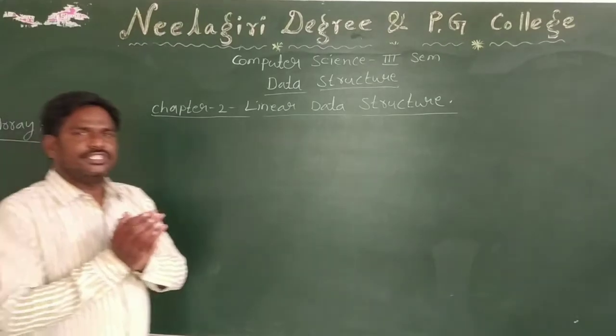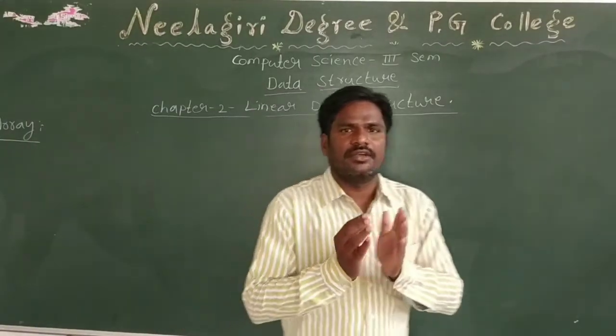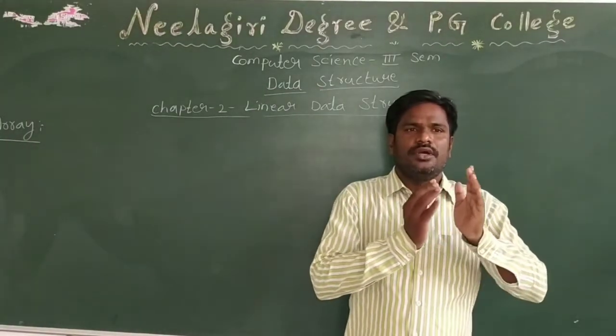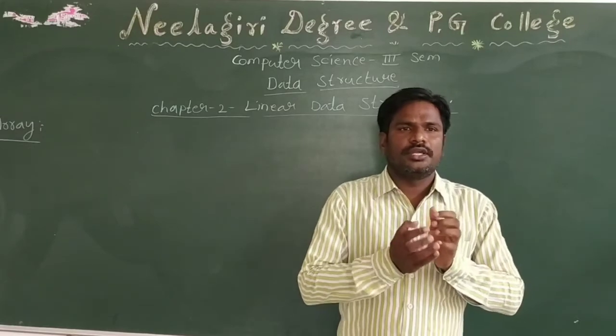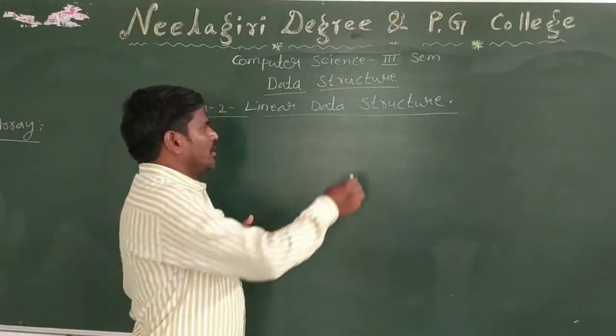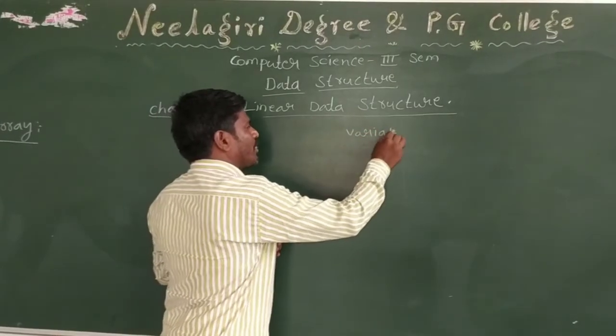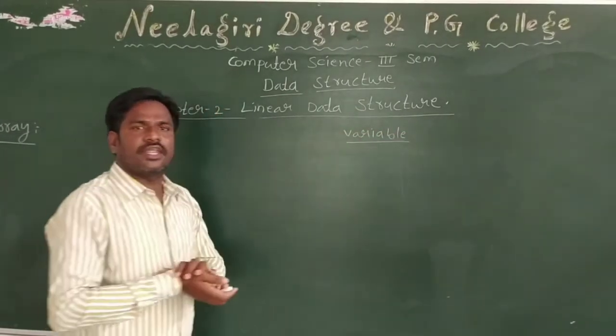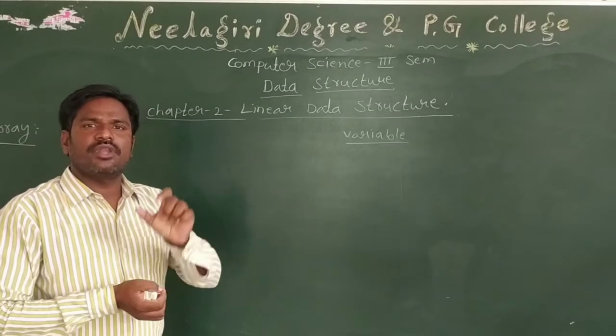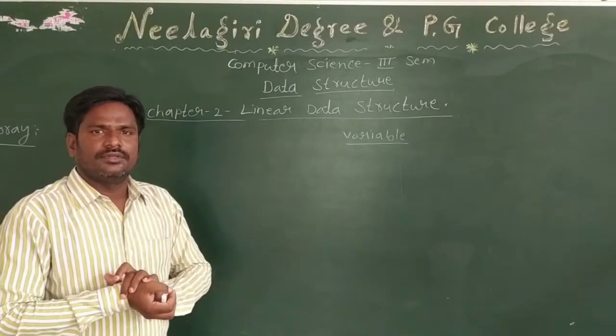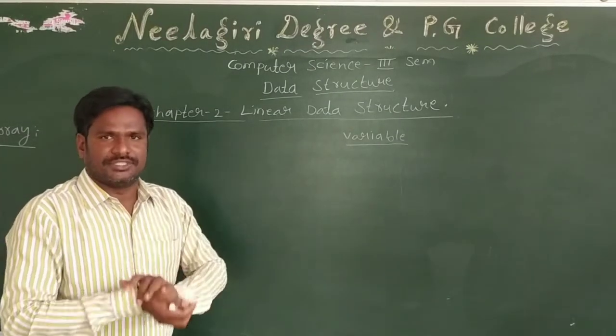In C language and in C++, we already discussed arrays. Generally, before going to arrays, we will discuss variables. What is a variable? A variable is a quantity that can be changed.